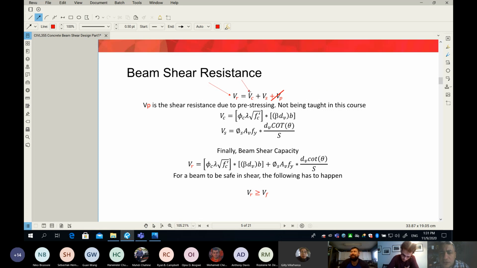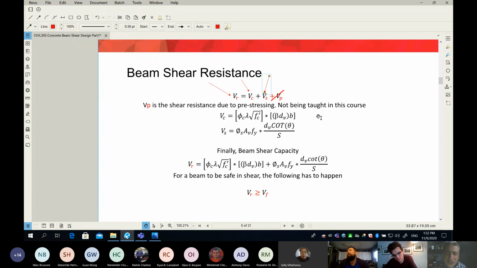V sub c, which is concrete, can take this much, and V sub s, which is what the stirrup can take. And in the code, you will see something called V sub p. Anytime you see V sub p in my lecture, in my slides, just ignore it, and I'll tell you why. V sub p is the pre-stressing effect.